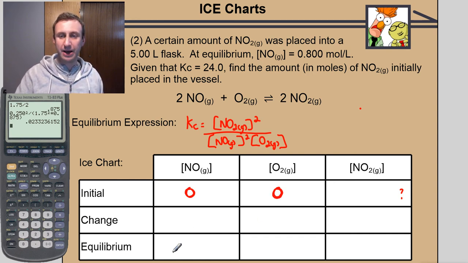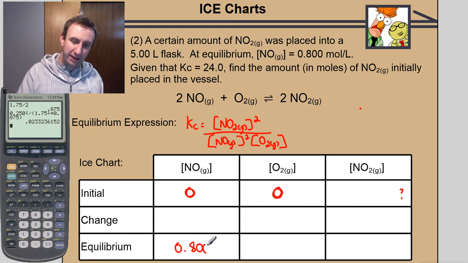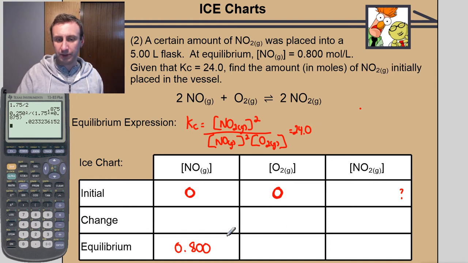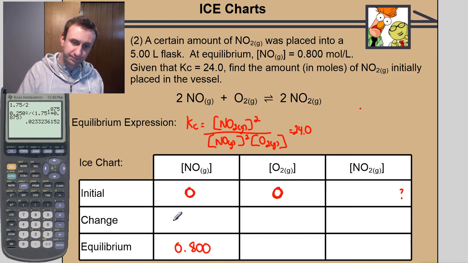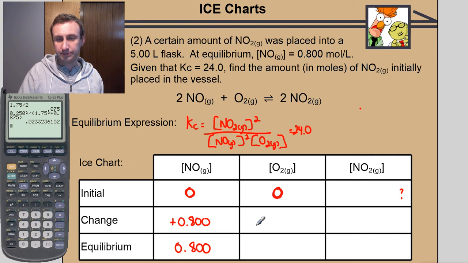At equilibrium, my NO was 0.800 moles per liter. Now I've made a sandwich, I can find that filling. And I know my Kc is equal to 24.0. Hooray! So now in terms of information, I've got positive 0.800 right here.